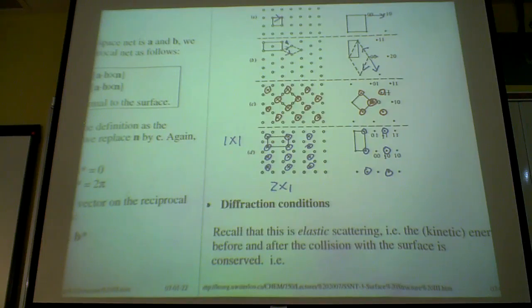Okay, you have to get a little bit used to this to imagine what you see, because you have 2 overlapping patterns, one coming from the substrate and the other coming from the overlayer. Of course the bright substrate pattern will overlap the overlayer pattern at certain locations, and you would not see the weaker overlayer spot because of that.